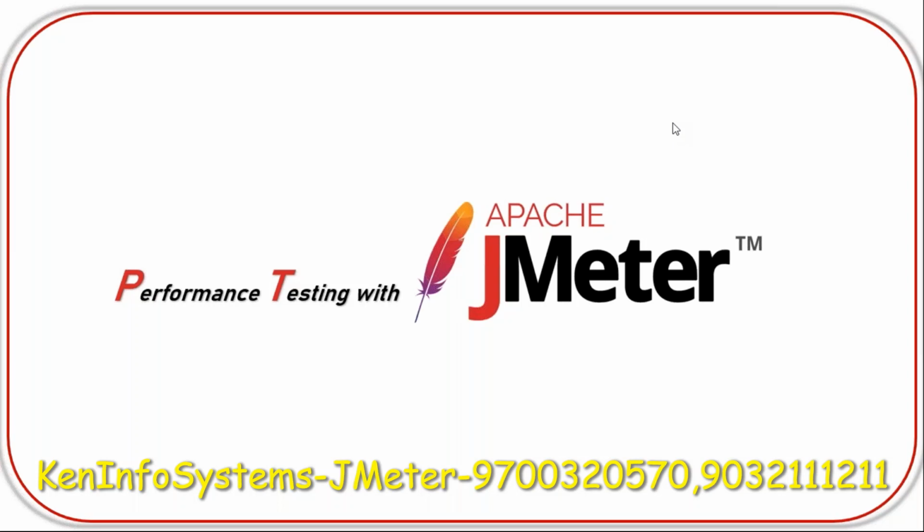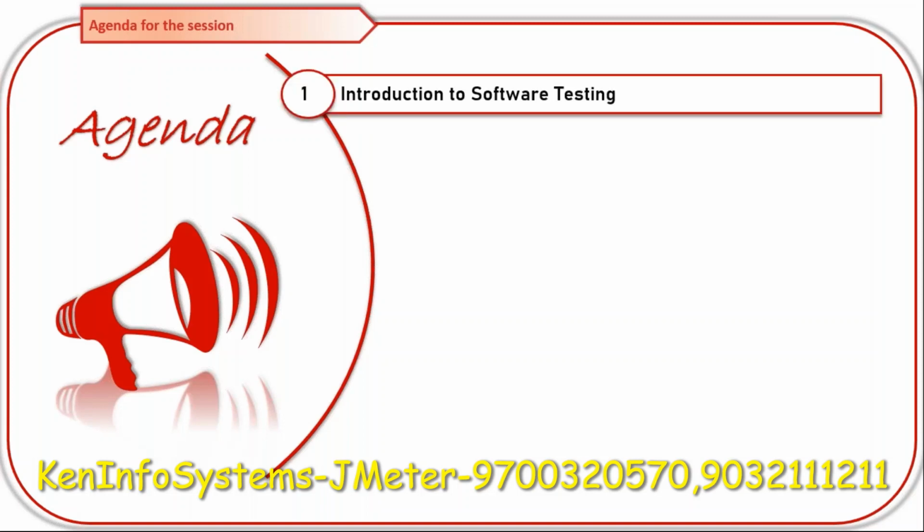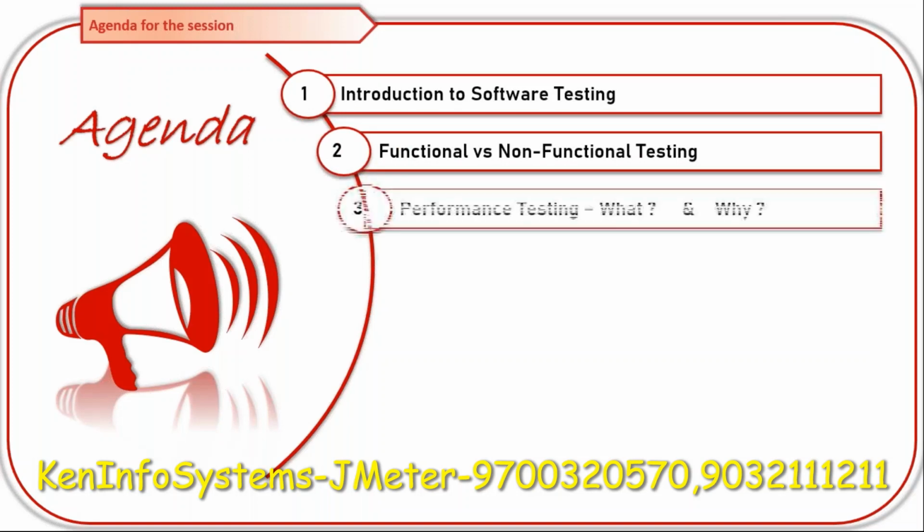In this demo session, we are going to cover software testing overview, basic categories under software testing and their differences. What is performance testing and why performance testing is important?